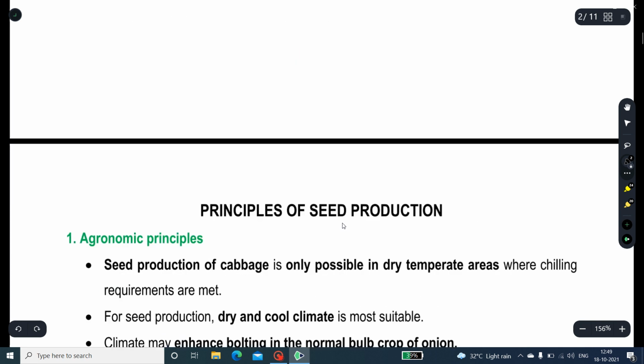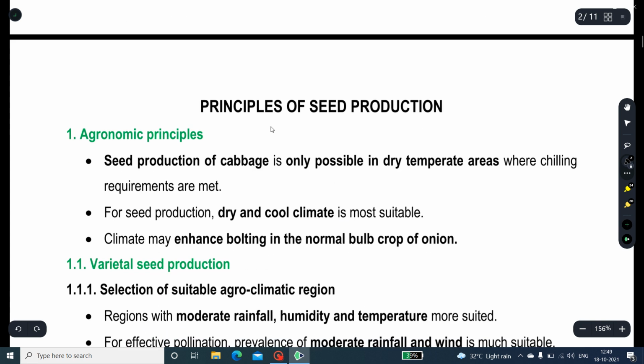Let us enter into the subject, the principles of seed production. Before that, at the end of this lesson, you shall be able to explain the agronomic principles that contribute to quality seed production. In that, we are going to see about varietal seed production.